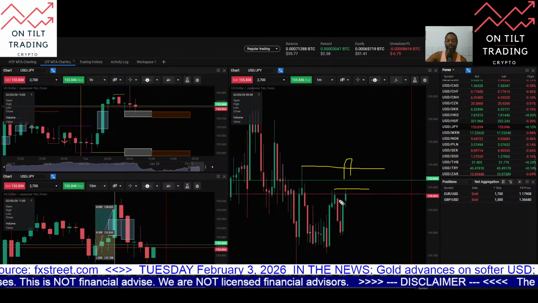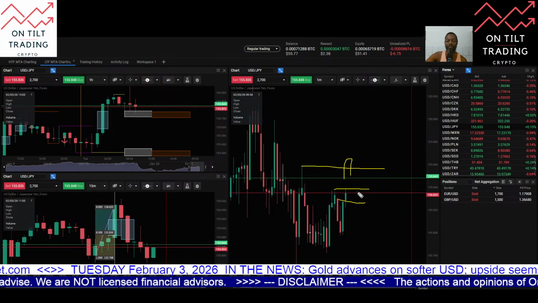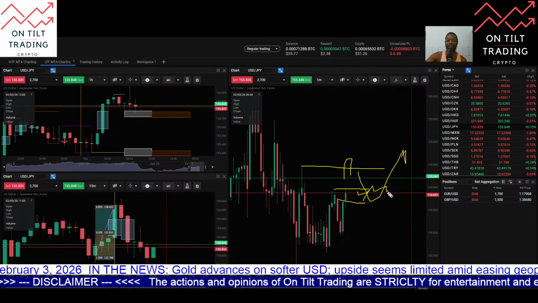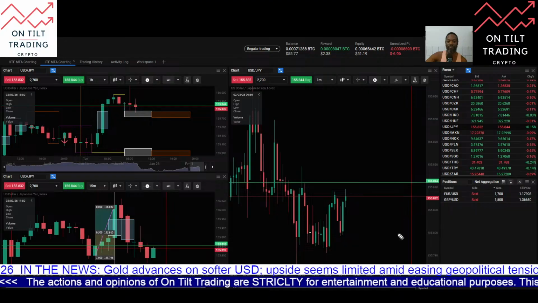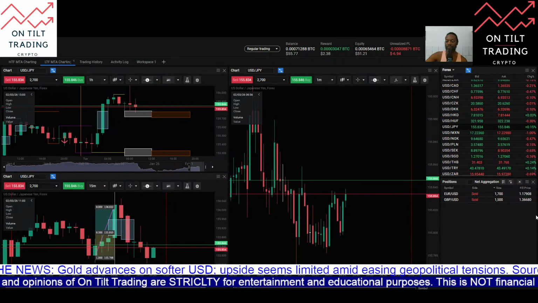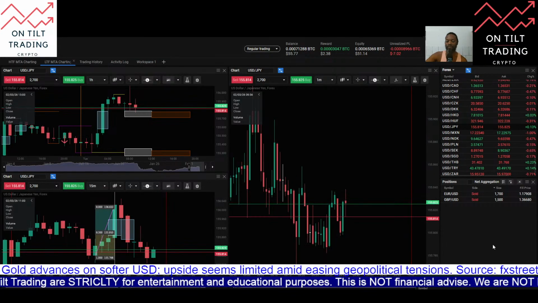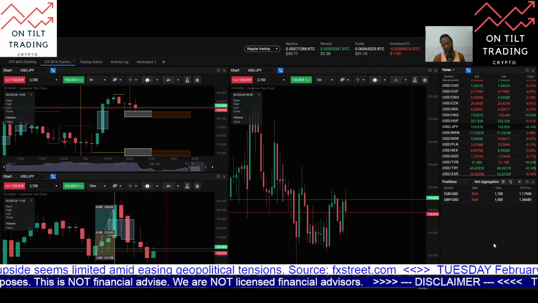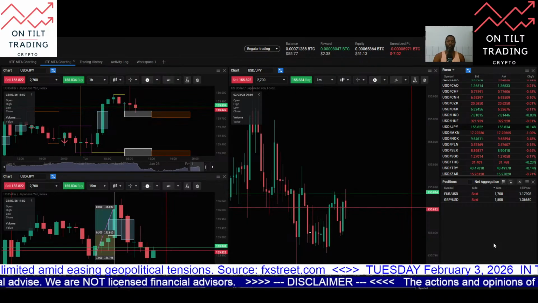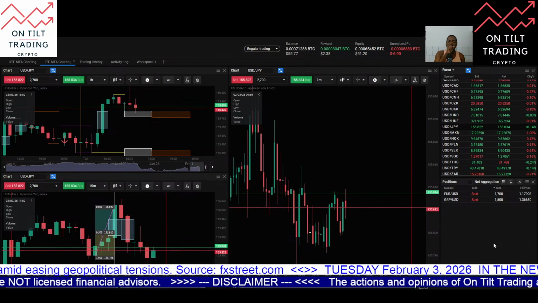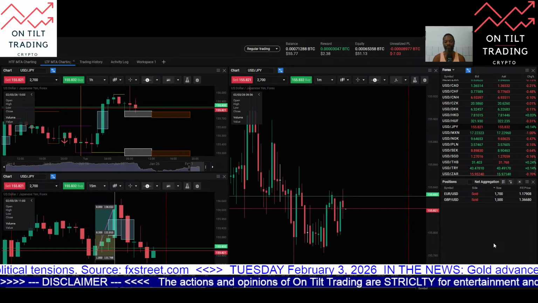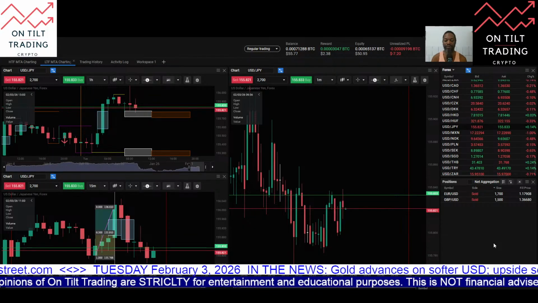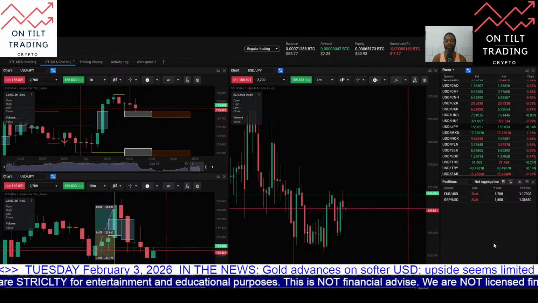Get a gap in here somewhere. Look for price to return. Do something like this. And no gap. So another gap down in price here on the 1 minute chart.